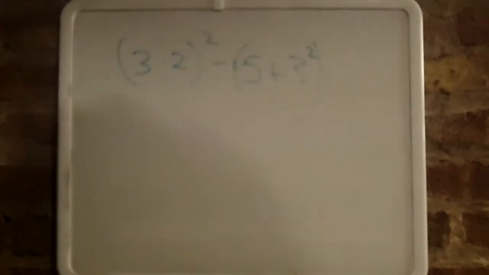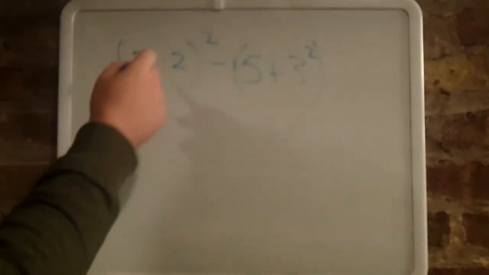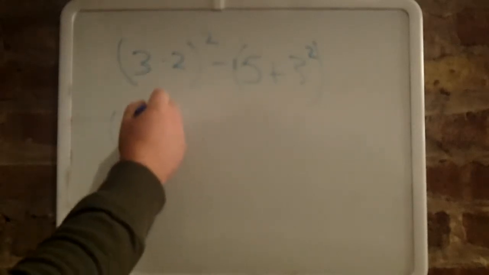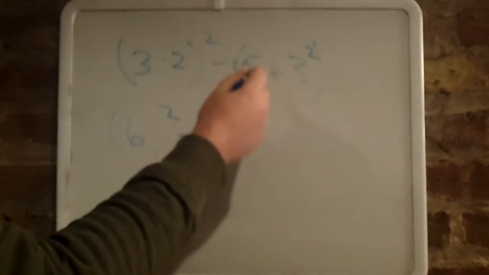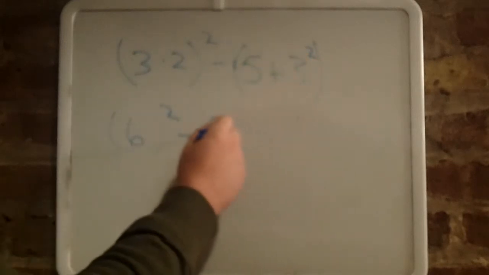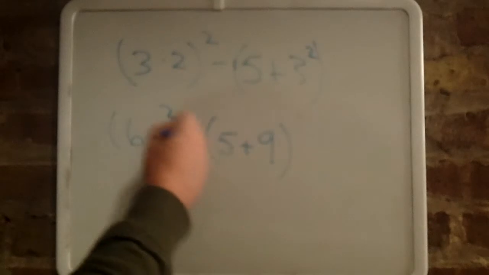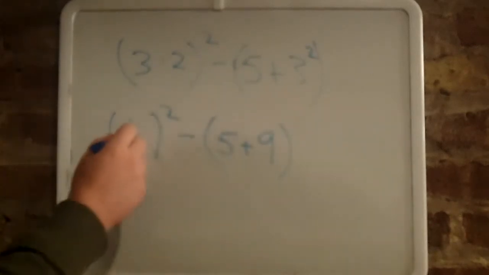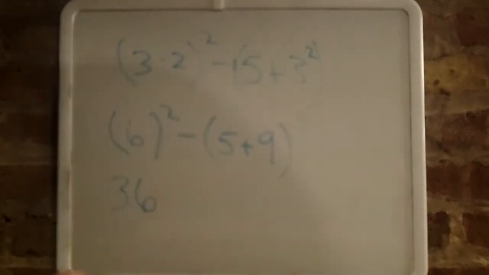Okay, so the first letter of PEMDAS is parentheses, so we start with our parentheses. 3 times 2 would be 6, so we'd have 6 to the power 2 minus, here we'd have 5 plus 3 squared, so 3 squared is 9. That's our exponents part. Continuing with the exponents, 6 squared is 36.